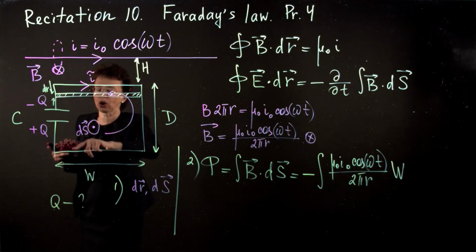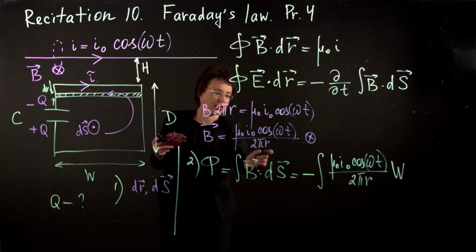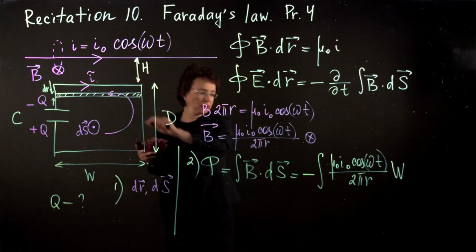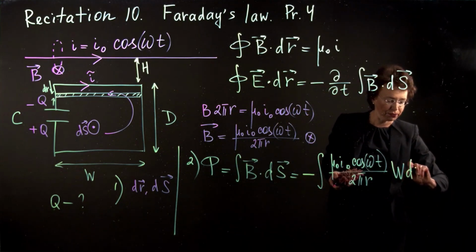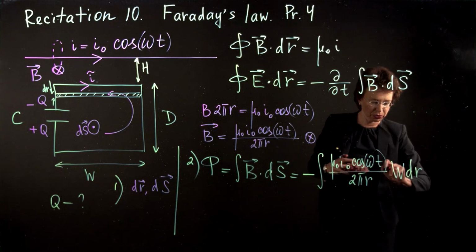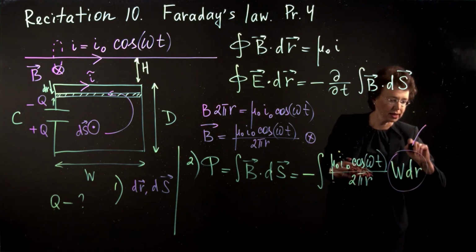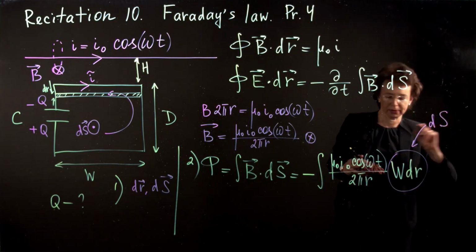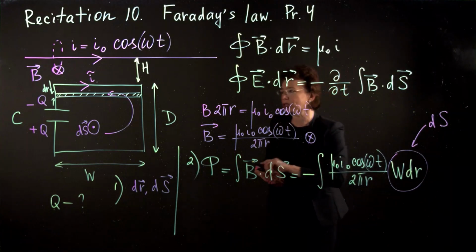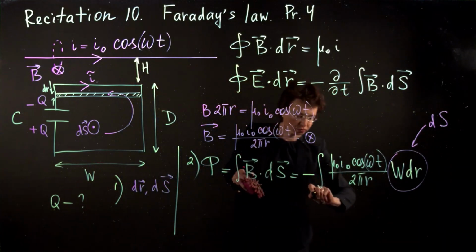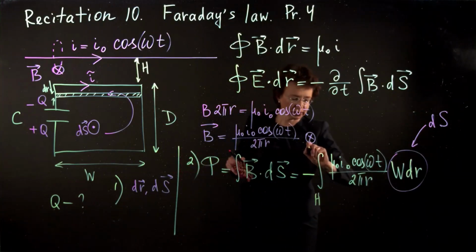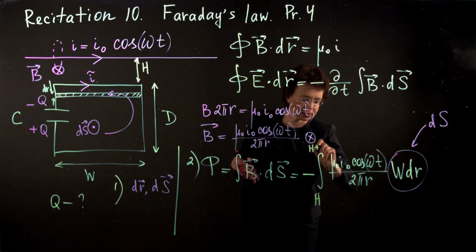The further you are, the smaller is the magnetic field. ds is w dr. And we don't forget the limits. What are the limits of integration? We go from h to h plus d.